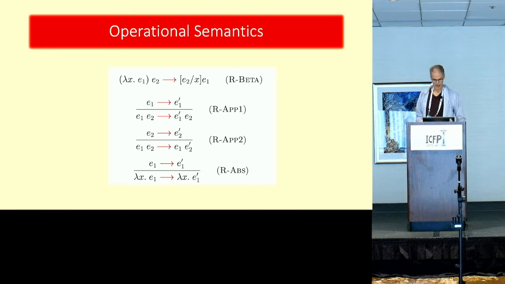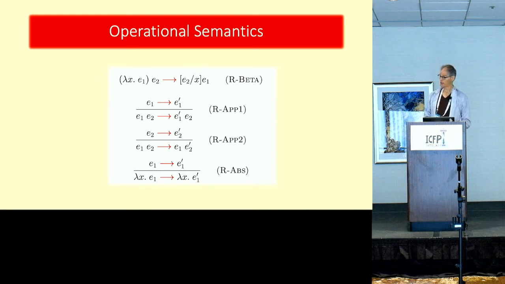So the application on the left rule says if the program looks like an application of a term E1 to a term E2, and E1 can step to E1 prime, that's the premise above the line of the inference rule, then the whole application can step to E1 prime applied to E2. In other words, take E1, do the step, and put it back in front of E2.